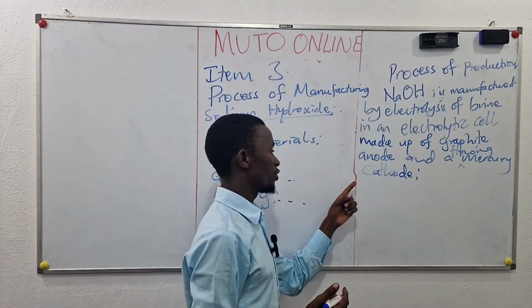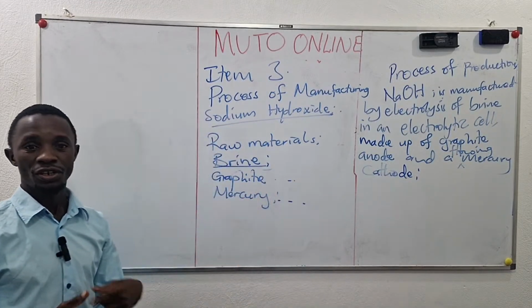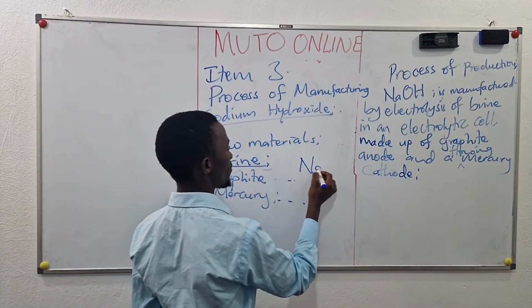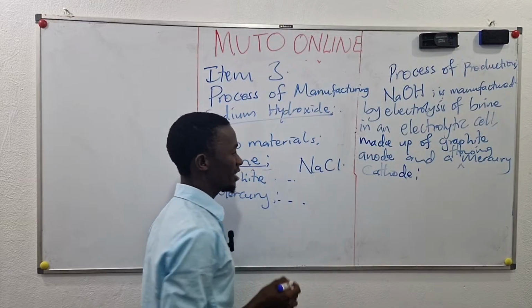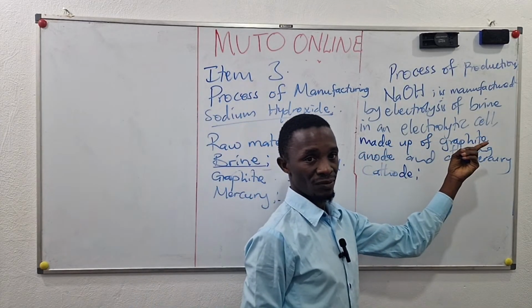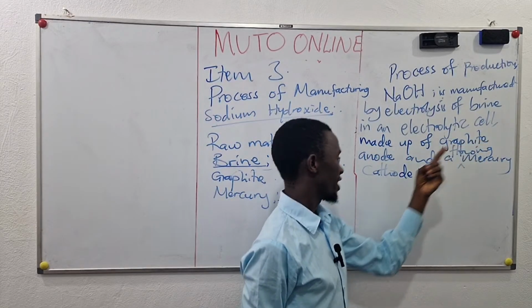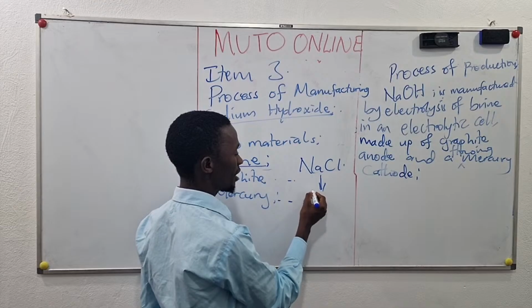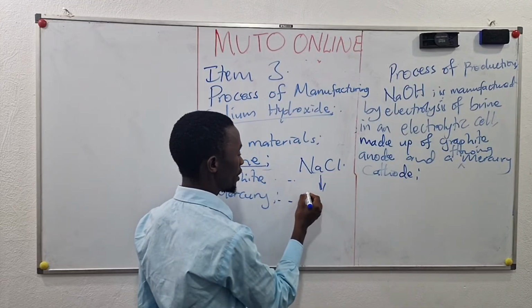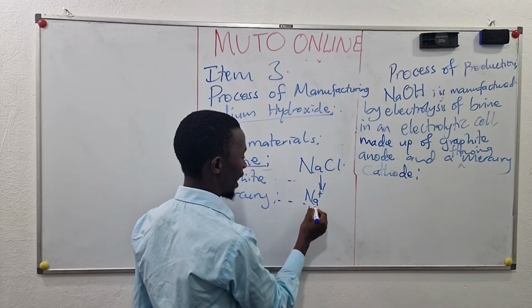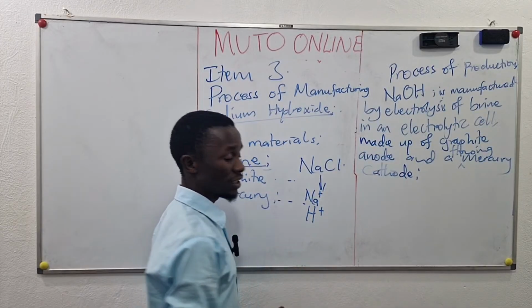So remember, we looked at the theory of electrolysis. When brine, which is concentrated sodium chloride, is electrolyzed, we know that it will decompose. And in the decomposing, since it is a solution, it will give us sodium ions and hydrogen ions as the positively charged ions.